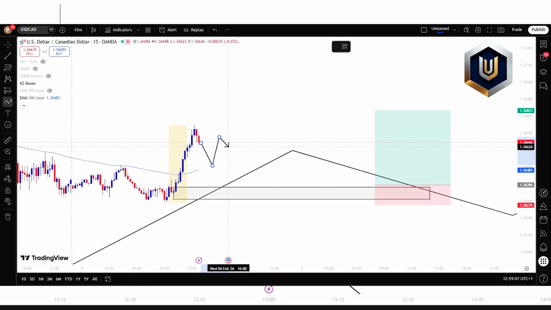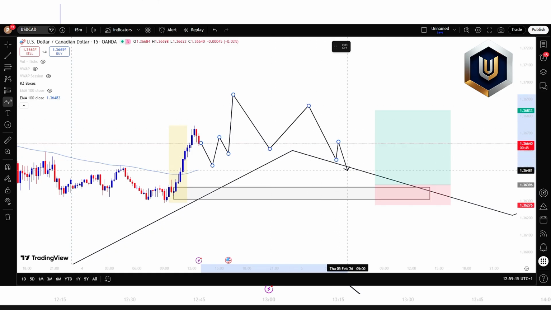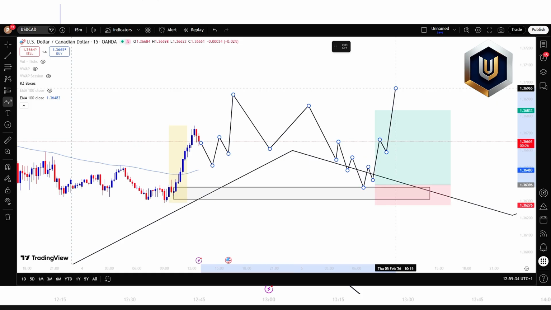You see things like this, it will break that structure, come back again, test that order block, tap into it, move up, come down again, correct that inefficiency, then shoot up. So this becomes your take profit. Most of the time, this is what would be expected in the course of the trade.